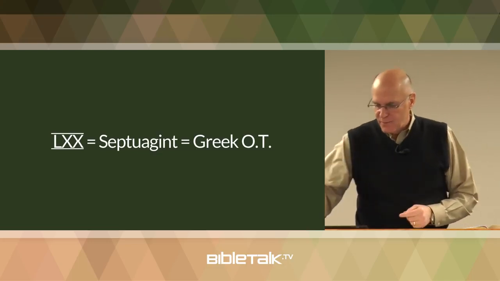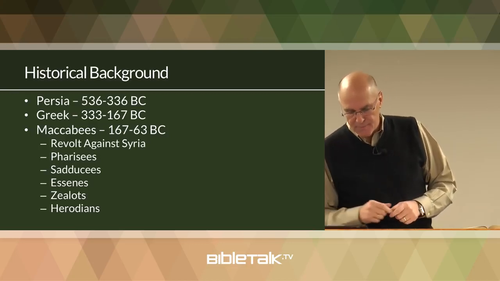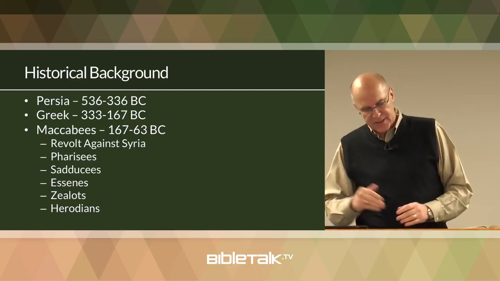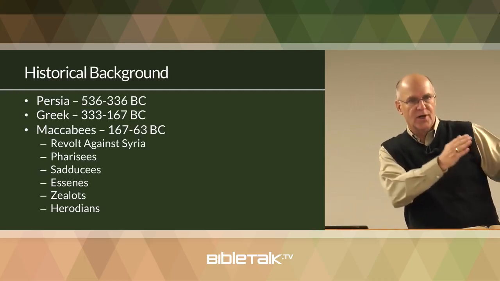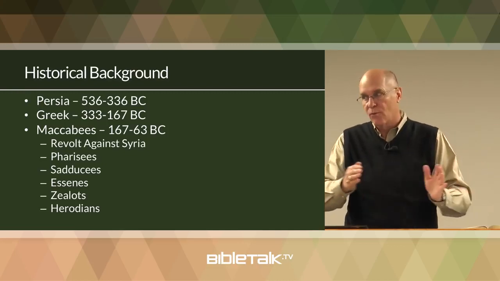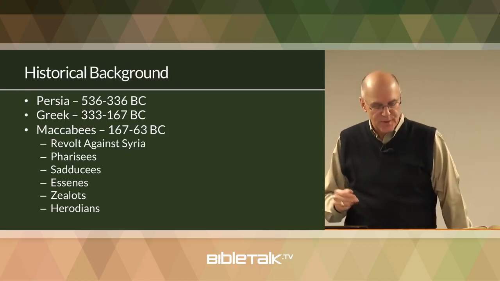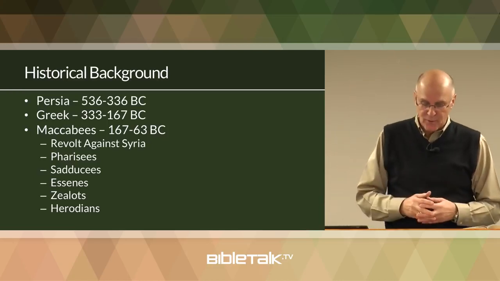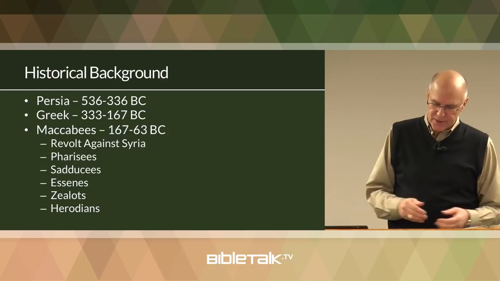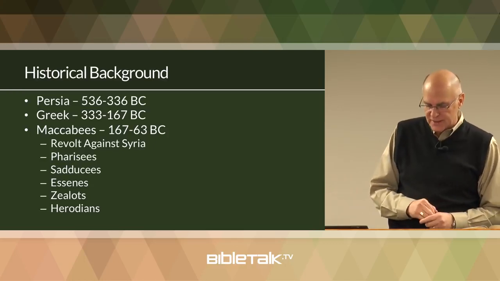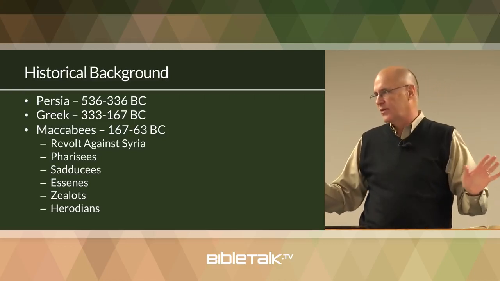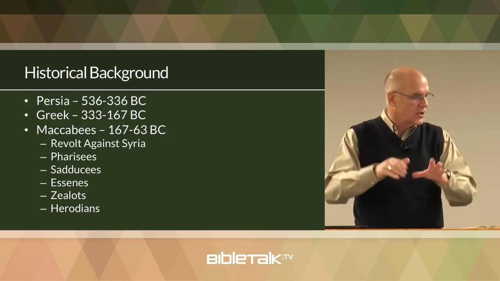Okay? Another period after this is the Maccabean period, very interesting, from 167 to 63 BC. Notice we're working our way towards the arrival of Jesus. But all these things that happened in the world had an effect on the Jewish people and what Matthew's going to be writing about. This is the Maccabean period. The Maccabean period is known for the revolt against the Syrian control. In other words, they had had enough of Syrian control and trying to destroy the religion.